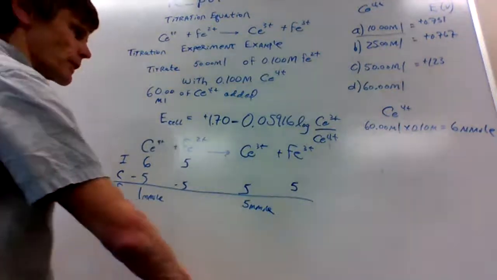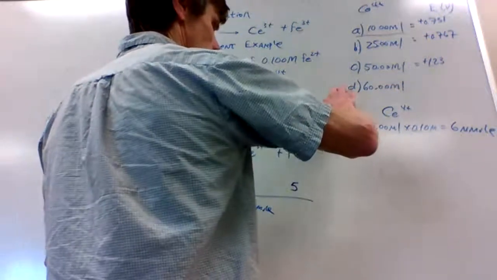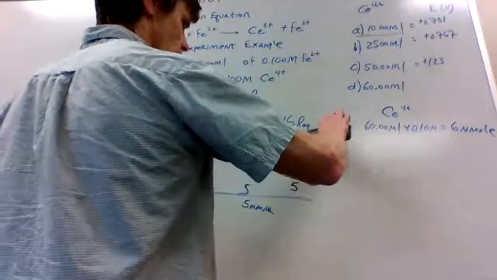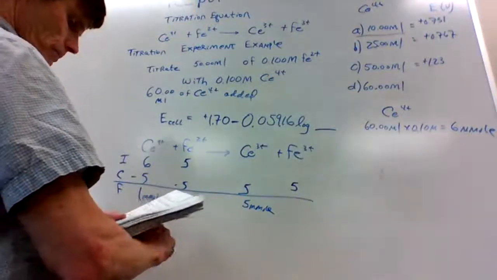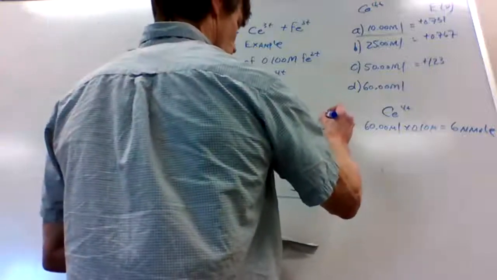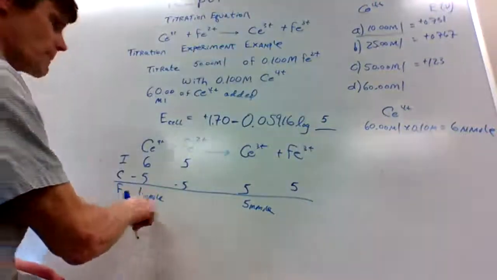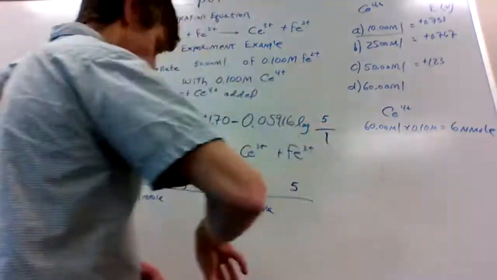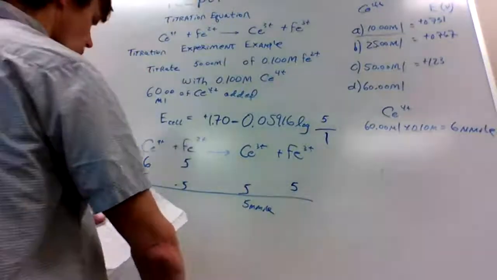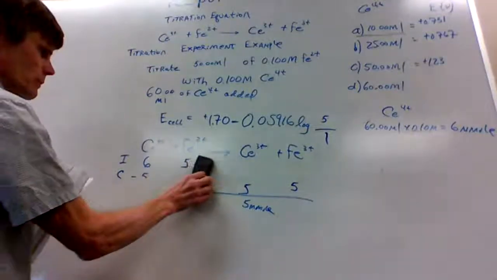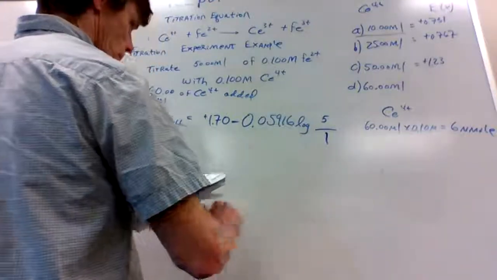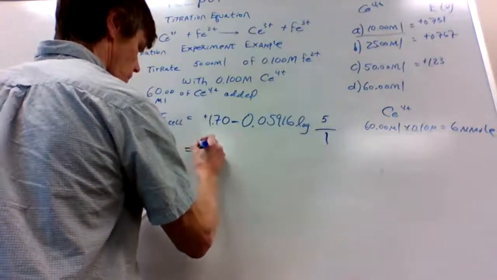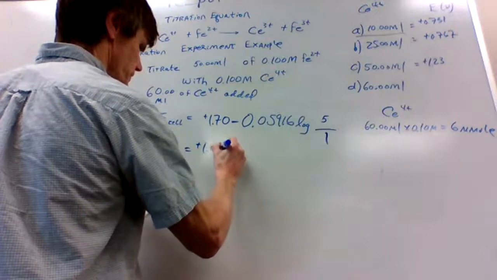Let's put those numbers into our expression up here from our table. This is 5 millimoles. This is 1 millimole. And we can calculate our cell potential. Positive 1.66 volts.